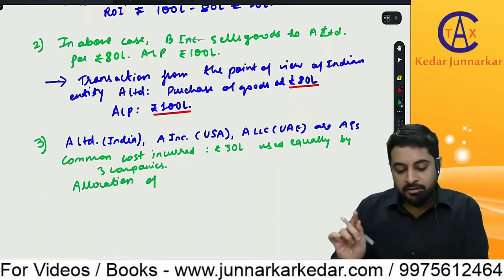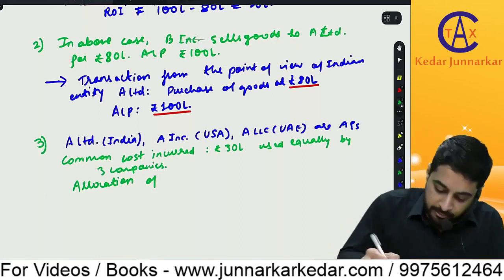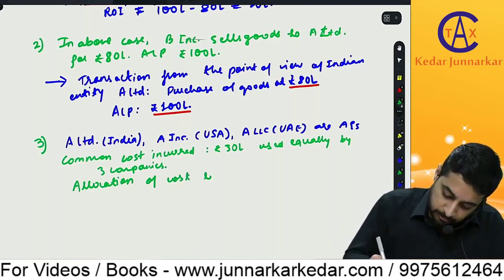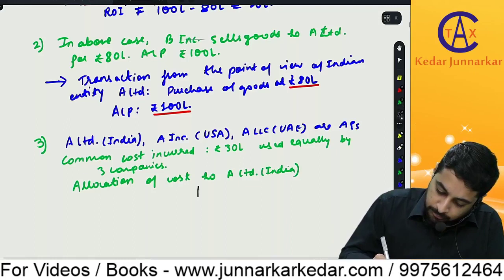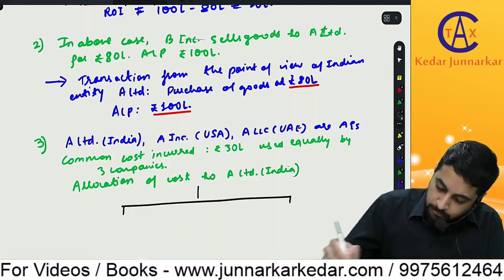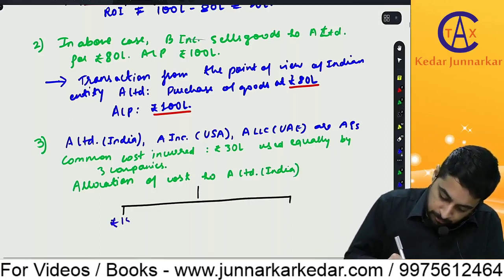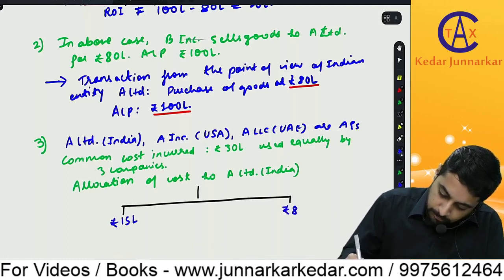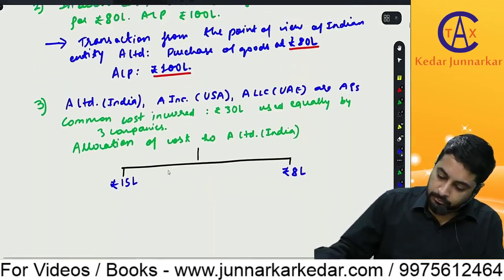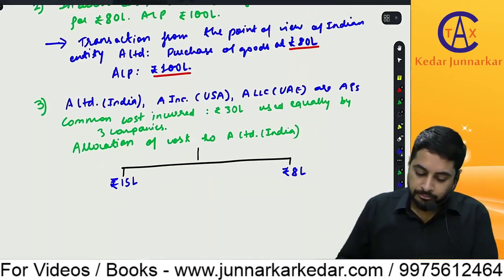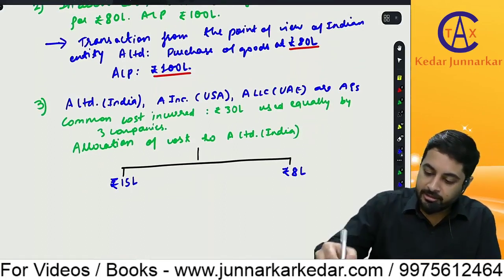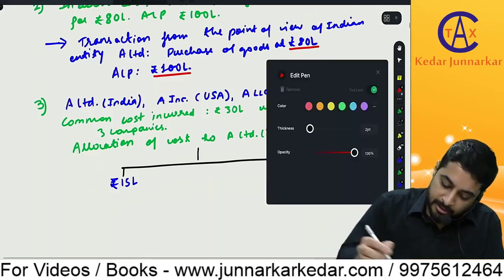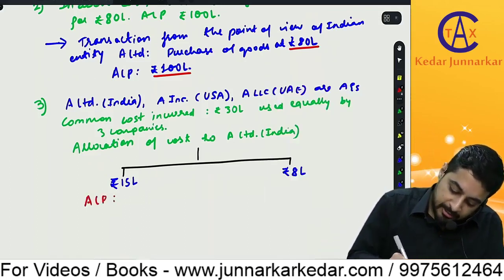Now we have to think from only the Indian entity point of view. 15 lakhs and 8 lakhs, so two situations. So how much is the ALP?